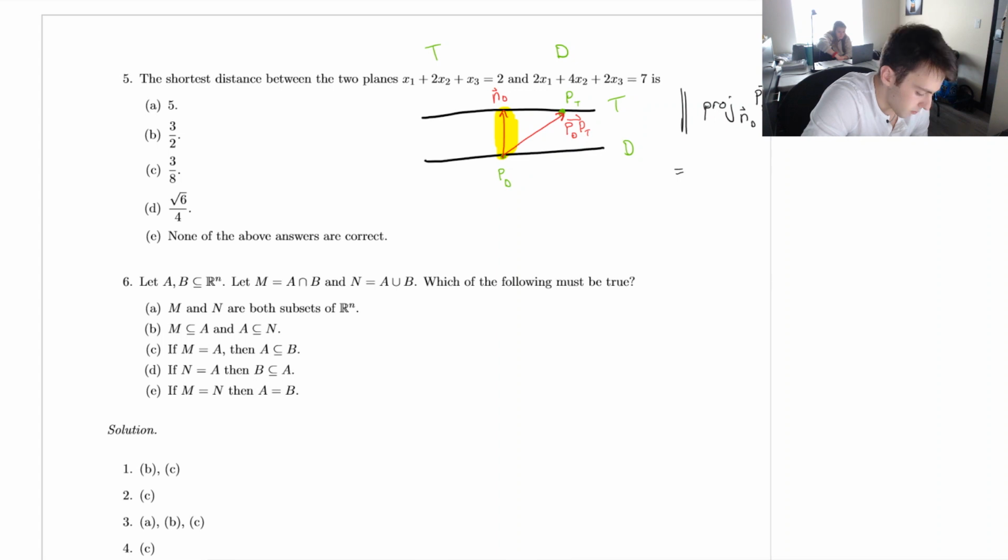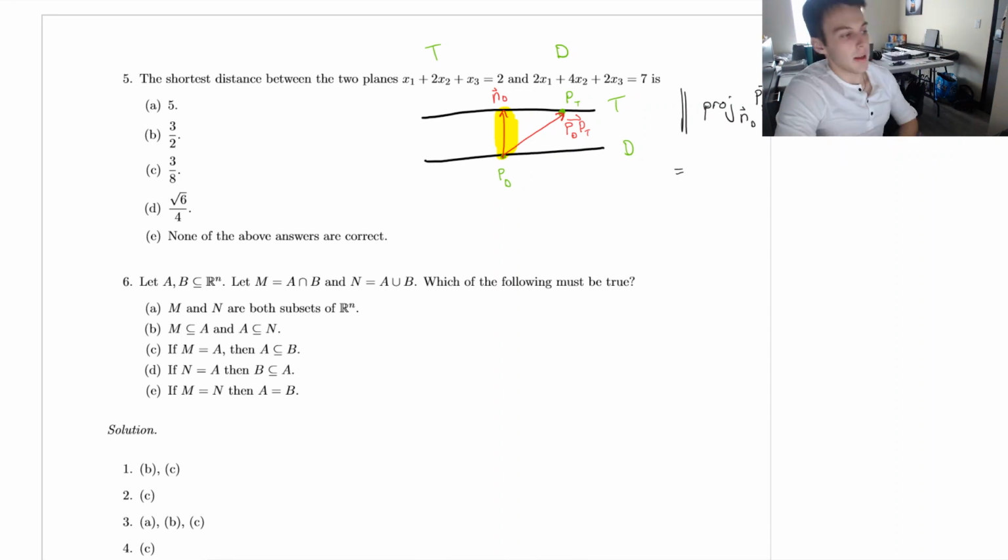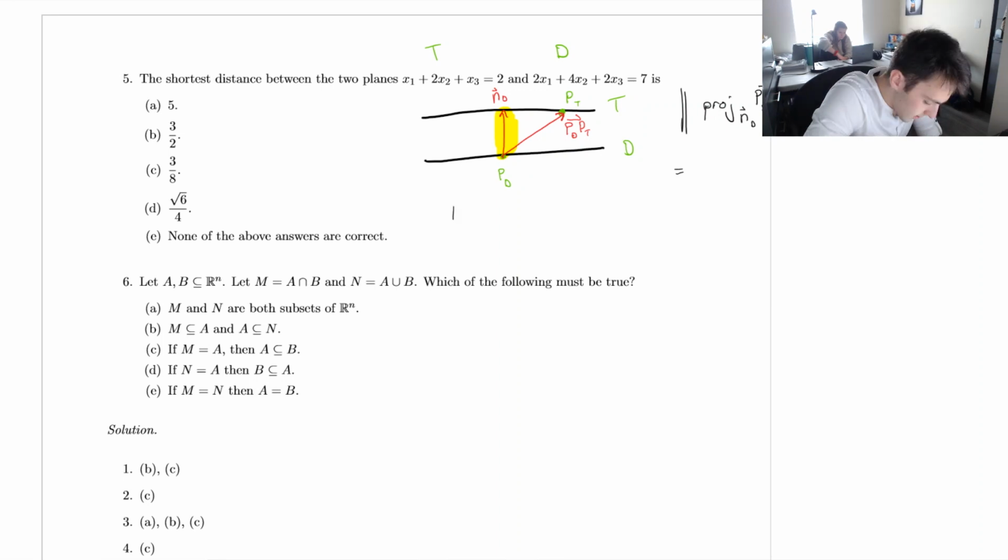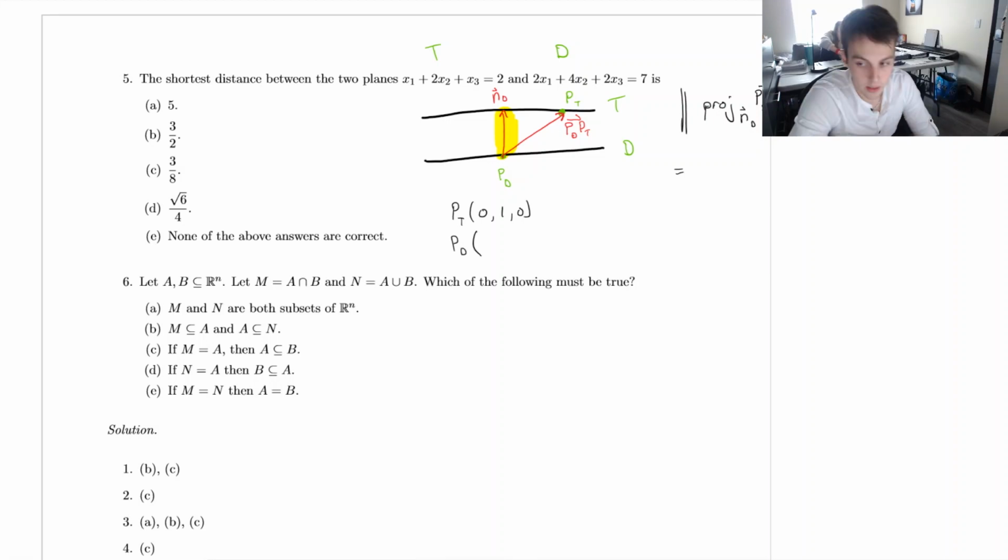Just by inspection, by plugging in values for x1, x2 and x3, we can make sure that it equals the right hand side. So a point on T could be 0, 1, 0. A point on D could be 1, 0, 1 half.